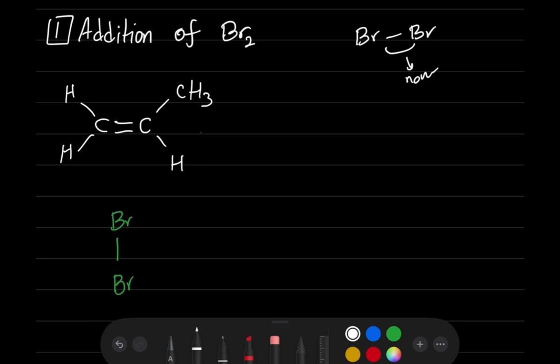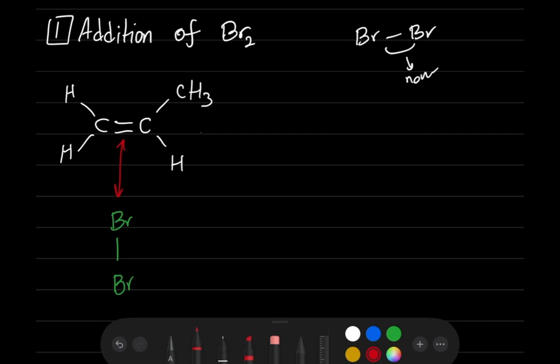But how does it work as an electrophile? How is it attracted to the electron density region? The reason is the orientation of the Br2 molecule as it approaches the double bond right here. We have electrons inside the bromine molecule and electrons in the double bond, so these electrons will repel each other.